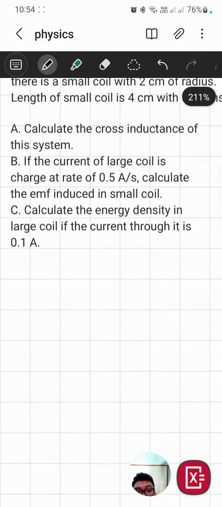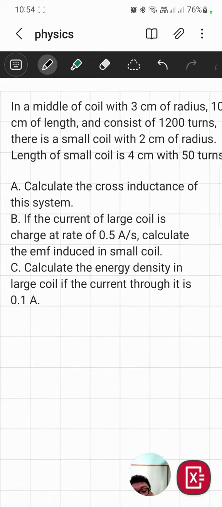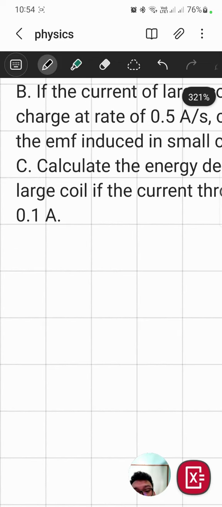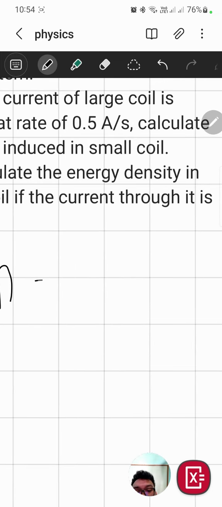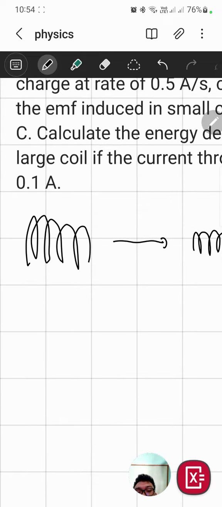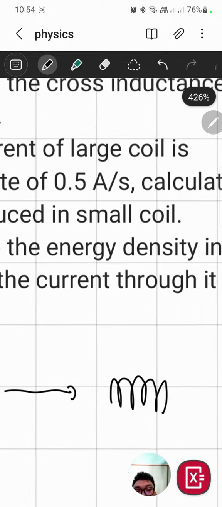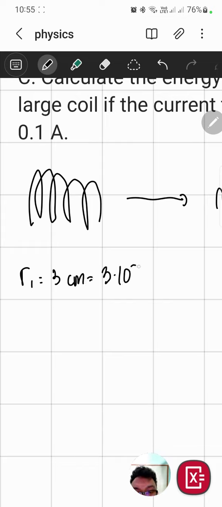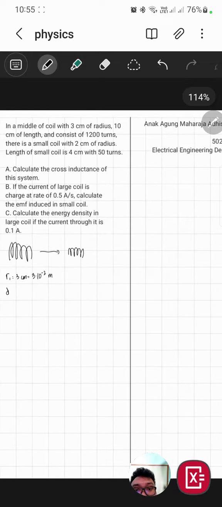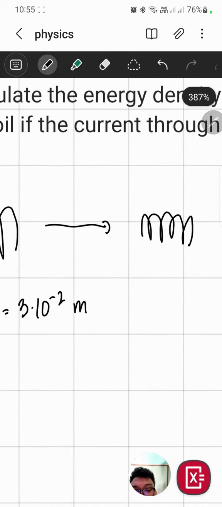To solve this problem, we need to draw the coil first. So there is a big coil and a small coil. The big coil has 3 cm of radius, 3 times 10 to the minus 2 meter, and the length is 10 cm.